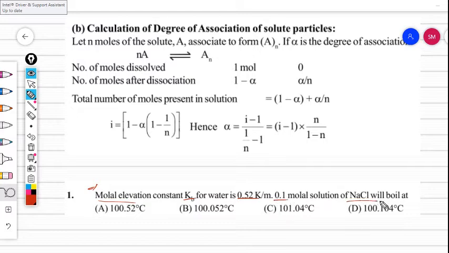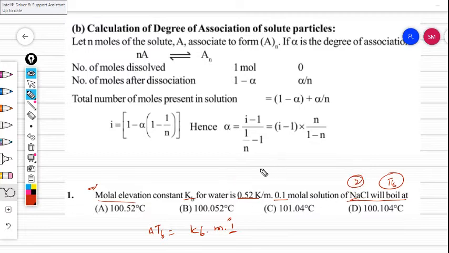For the NaCl solution, the boiling point elevation delta Tb equals Kb into m into i. What is the i for sodium chloride? It dissociates into 2 particles, so its i value will be 2.